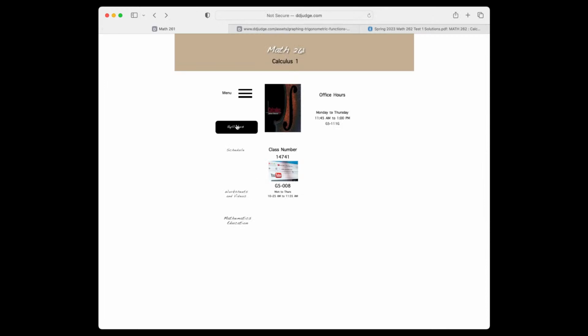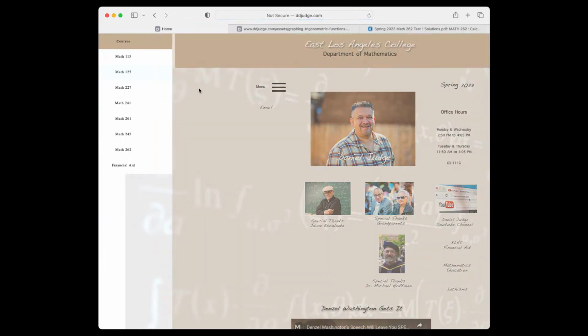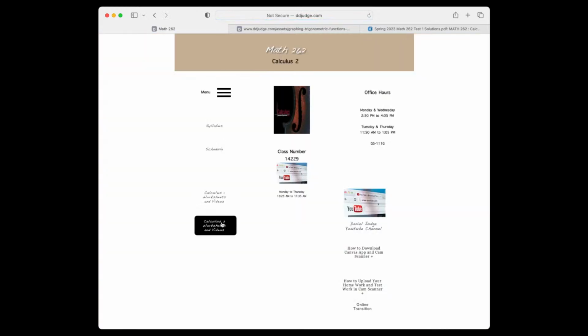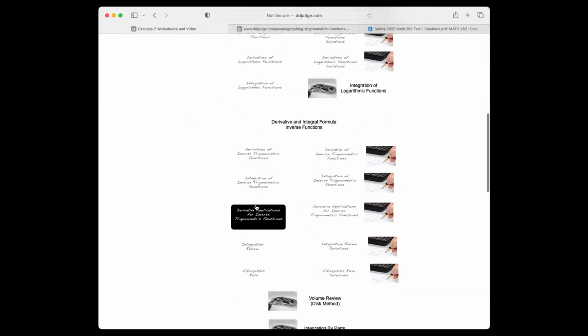Now, in Calculus 2, I think we did have resources. Let me go find it. Here are the Calculus 2 resources as well. I did have resources here for you guys, right? Derivatives of inverse trig functions. I think I even sent that to you guys as an announcement. Integration of inverse trig functions.